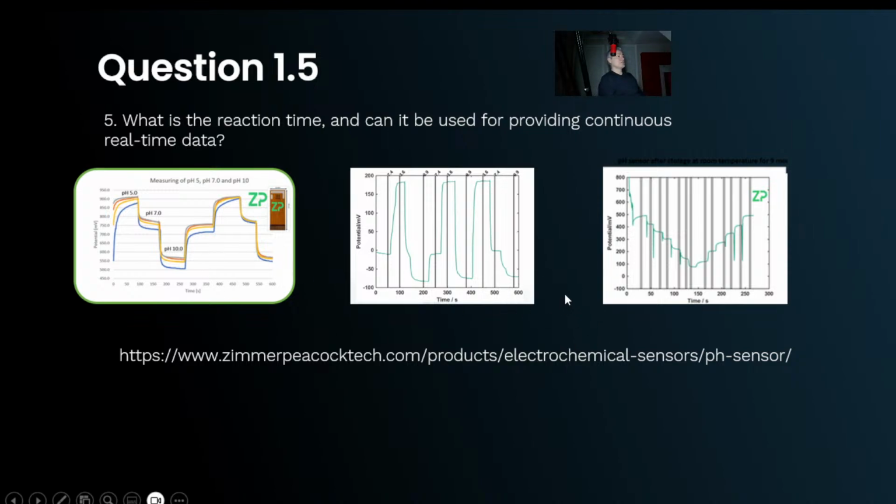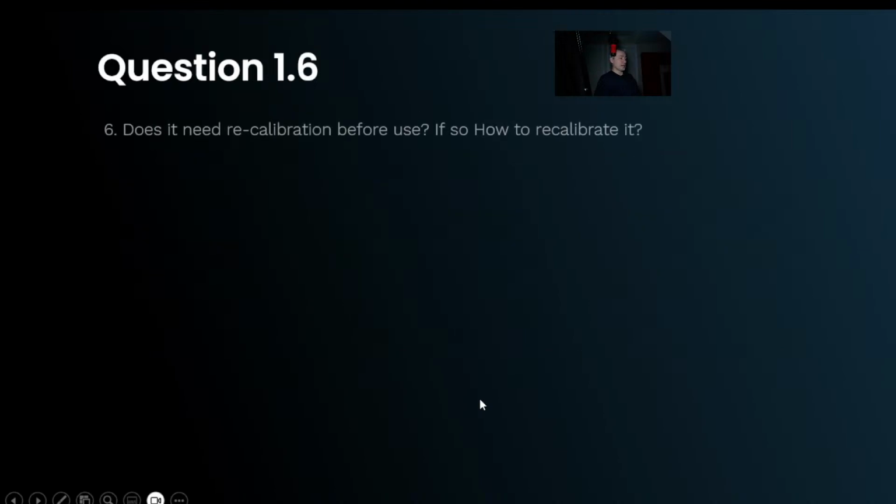There's a lot of value in this data that we put freely available on the website, and you can extract value from it. One thing I would say is that the responsiveness of our pH sensor is far in excess of what is required by most biological applications. Most biological applications are not changing pH that quickly, whereas our sensors change quite quickly, as you can see on the website.